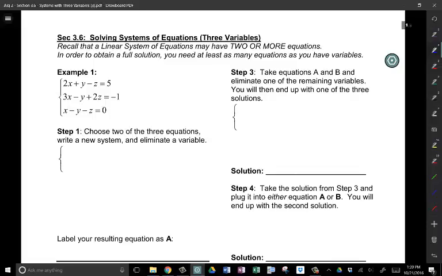So we're trying to find the intersection of 3 planes. Step 1 will be to find the lines. Once we have the lines, then we find the point. The only thing that's new today is taking a plane and finding the line. Everything else is review. Okay?